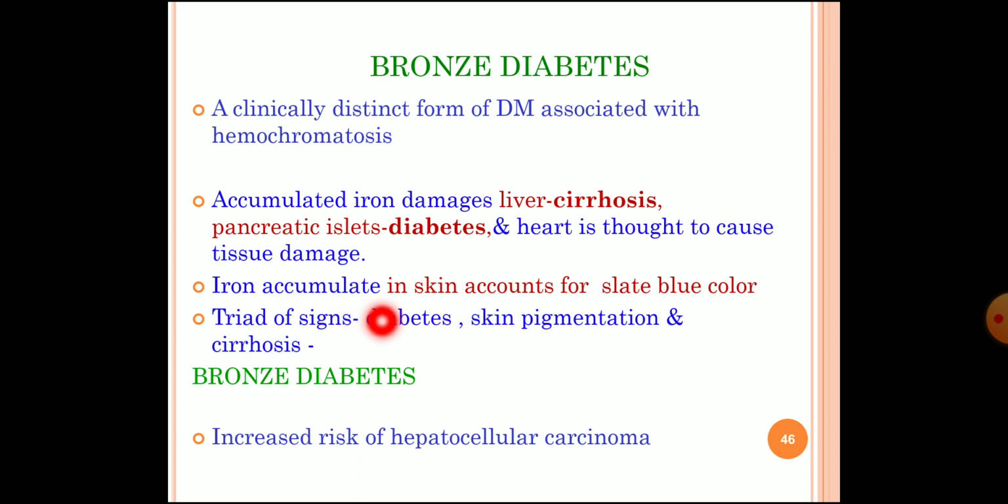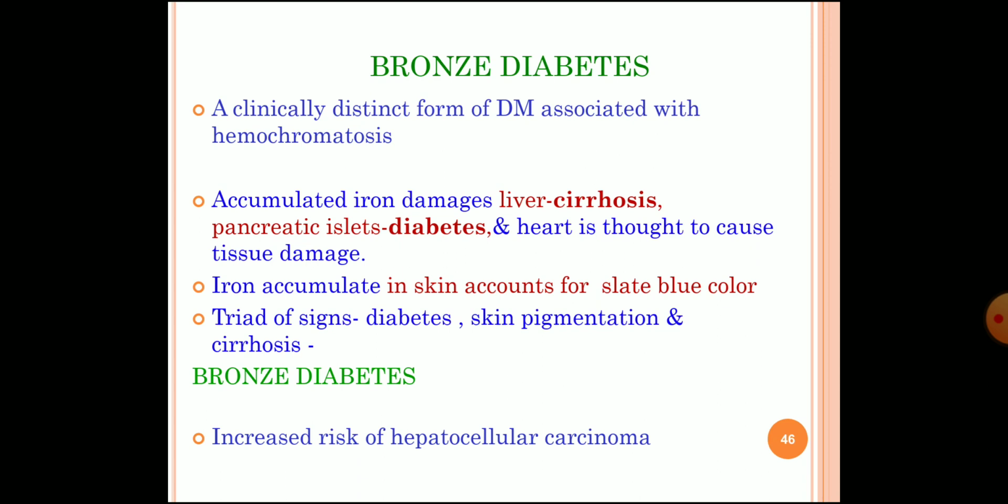So if there is excess deposition in the pancreatic cell, that will produce diabetes. If it is present in the skin, it produces a color. Then in the liver, it produces cirrhosis. So cirrhosis, diabetes, and skin pigmentation seen together in iron overload or hemochromatosis is called bronze diabetes.